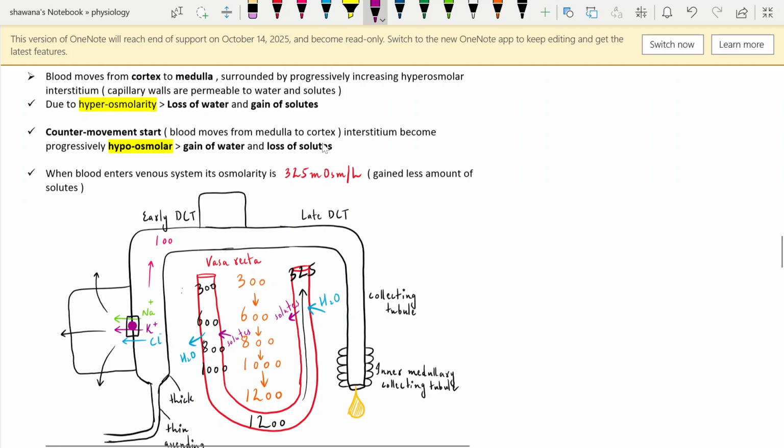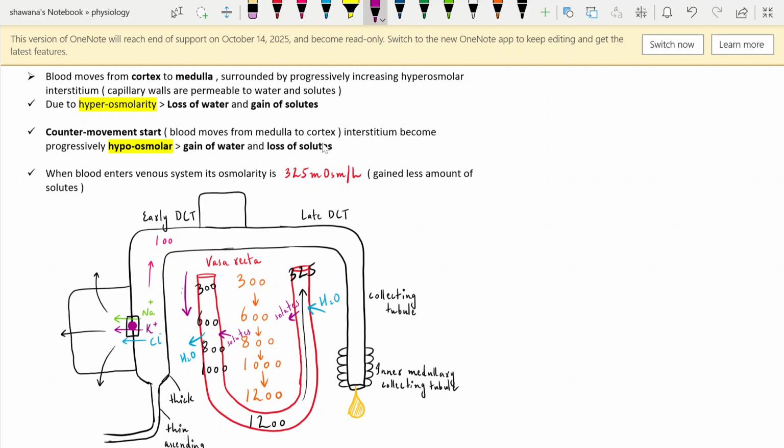First of all, when blood moves from the cortex towards the medulla, this blood vessel is surrounded by progressively increasing hyperosmolar interstitium.